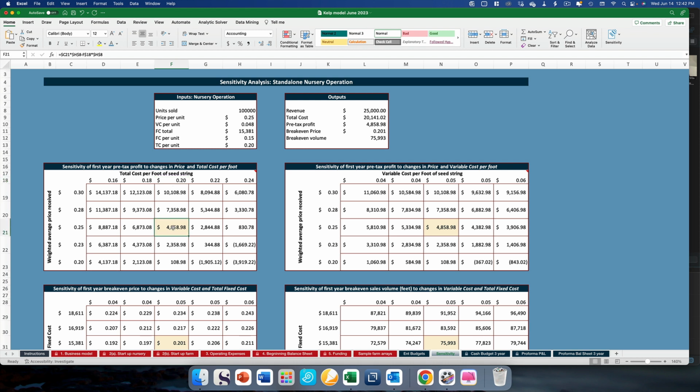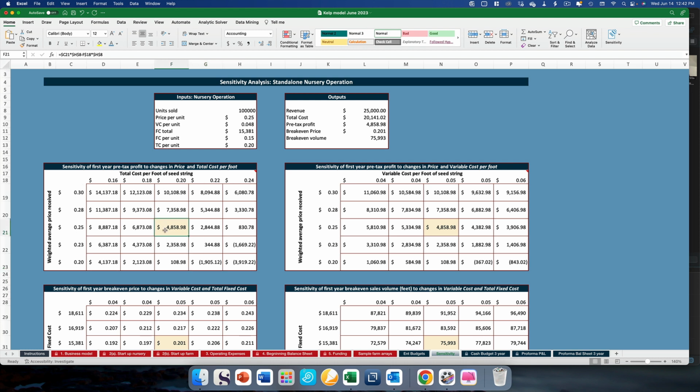Okay, so these calculations, you don't need to get into the details of them, but we see that if the price goes down to 20 cents and if the cost is up to 22 cents, by George, we're losing money, right? This is a negative profit. So on the inside of these tables is the profit. On the outside of the tables are the moving variables.